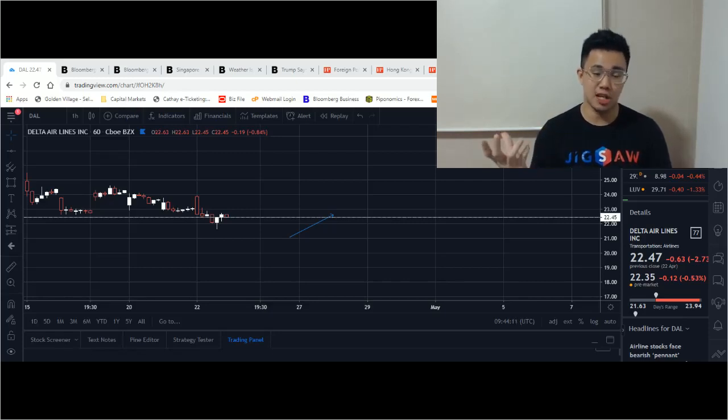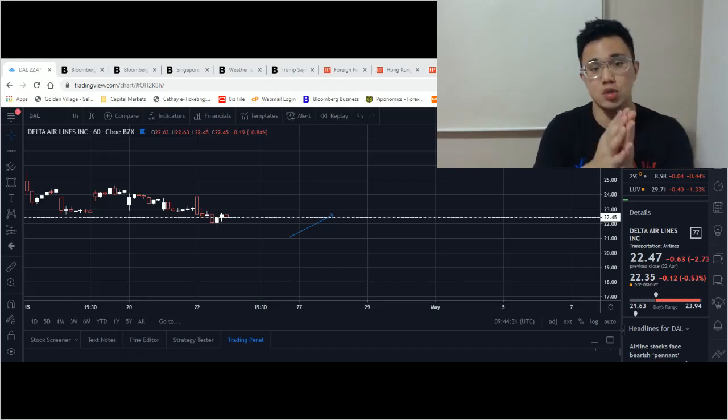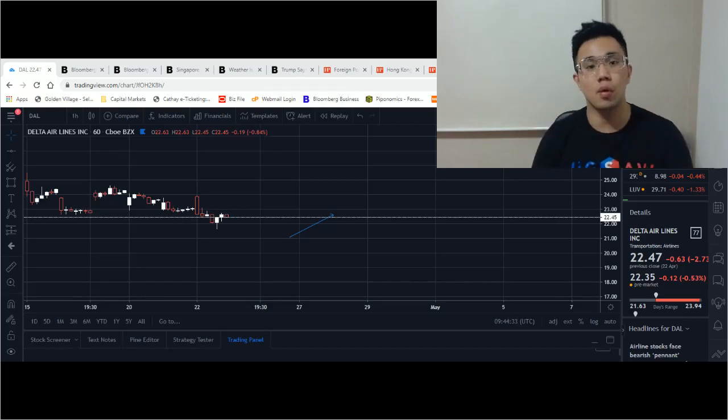That's basically what risk to reward means. It is the ratio of your upside to your downside. You need to always make sure that the upside is definitely more than the downside for every trade, so that you can maximize the amount of money you can make from each trade, and in that sense, you accelerate the growth of your portfolio.